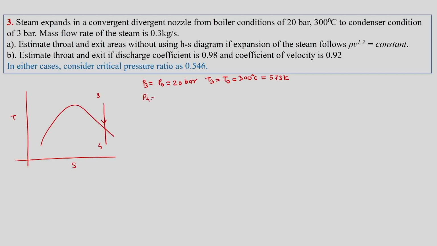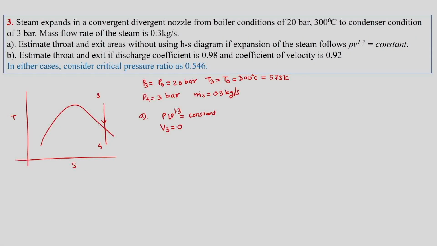We are told that P4 is equal to 3 bar, and steam flow rate m dot s is 0.3 kg per second. Let us consider part A. Here in part A it is told that PV raised to 1.3 is equal to constant, and we are specifically told that we cannot see the steam table. So there are ways by which we can solve the example.